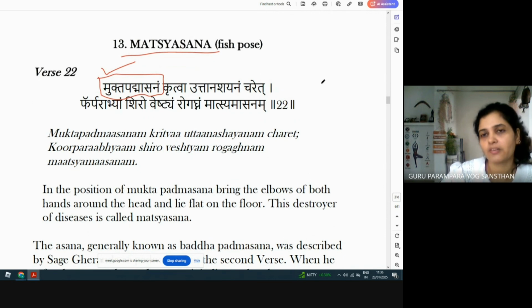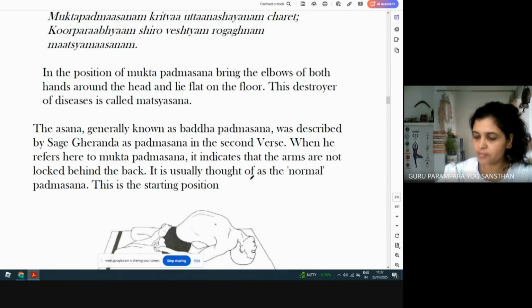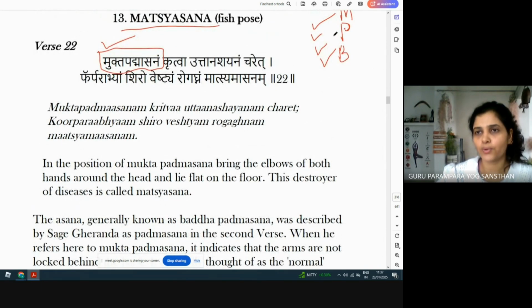So when you write Sarva Vyadhi Vinashakam, we read Bhadrasana, Simhasana, Padmasana, and you have to add Matsyasana. Matsyasana, Padmasana, Bhadrasana, these all are Sarva Vyadhi Vinashakam. Simhasana also you have to add, and there will be one more, that is Bhujangasana, which is second last. So these all are Sarva Vyadhi Vinashaka.